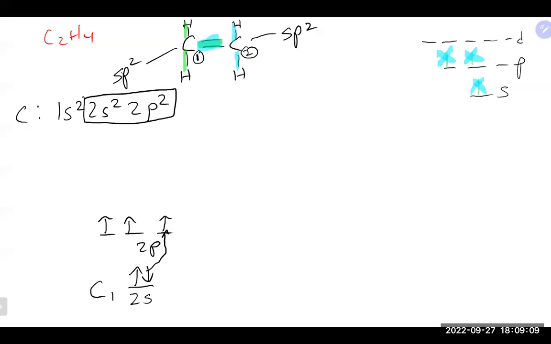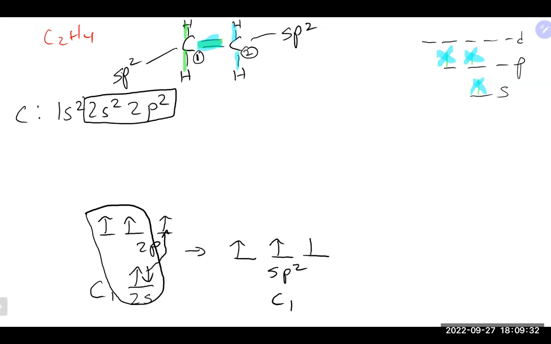We're going to hybridize in this case sp2, which means we're just going to hybridize these guys here, right? So when we do that, we end up with 3 sp2 hybrid orbitals in carbon number 1 that each have an electron. And we actually have one unhybridized pz orbital that also has an electron, as it didn't go through hybridization.